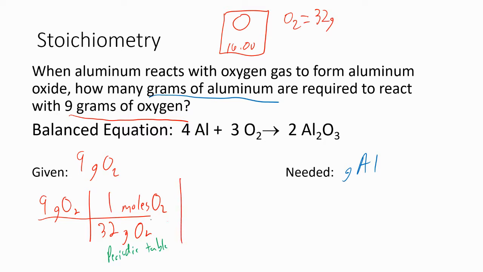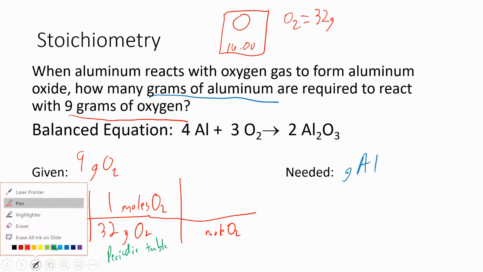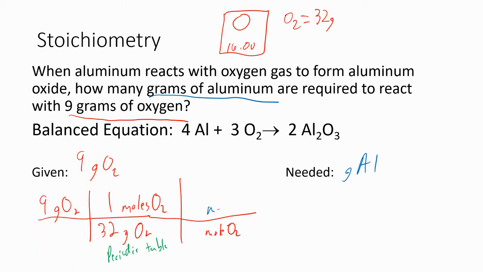All right, so then we need to go from moles of oxygen, we got to get rid of that. We want grams of aluminum, but we can't make that jump yet until we go to moles of aluminum. So we need to use this balanced equation. And every single one of these questions will require that you use the balanced equation. So we want to go from 3 moles of oxygen to 4 moles of aluminum.